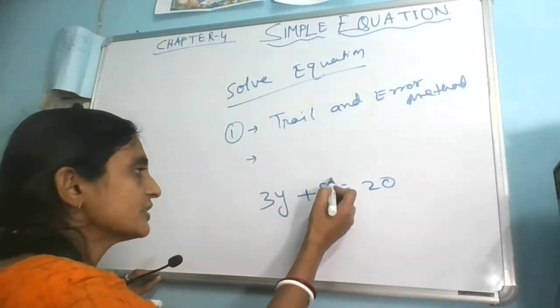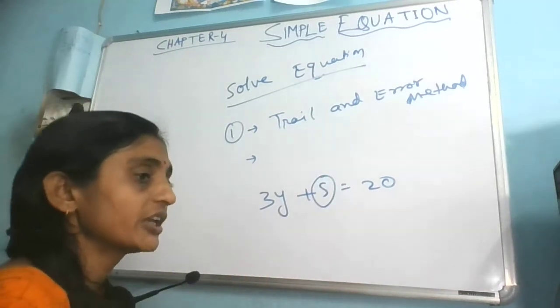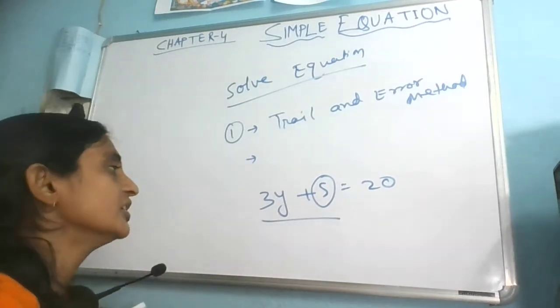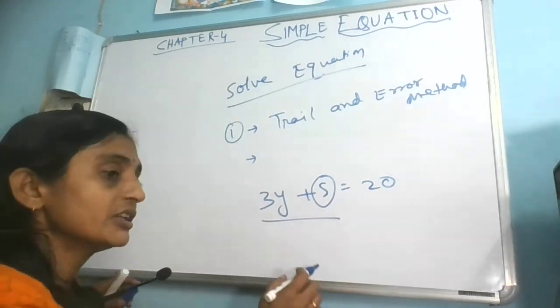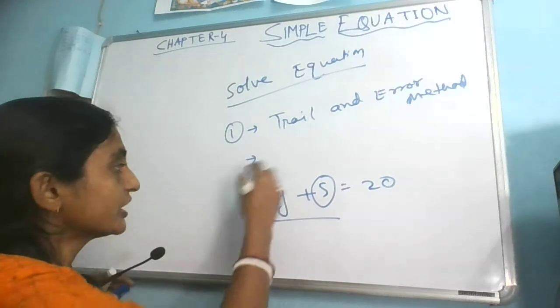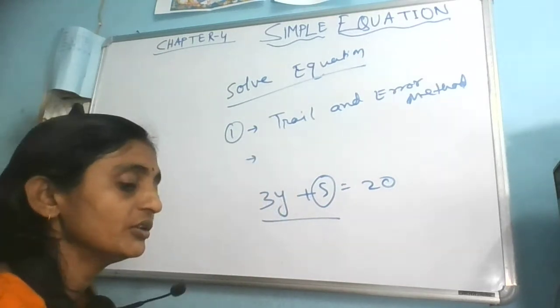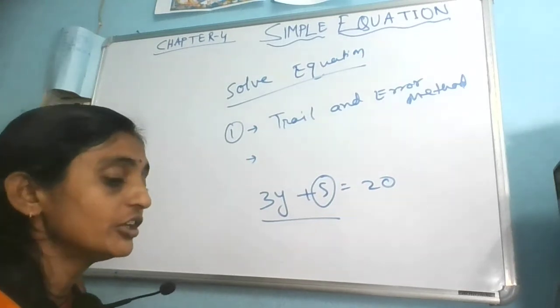If I want to eliminate this part, which ways can I apply? In this type of situation, we can eliminate that numerical part from the left hand side by subtracting, adding, multiplying, or dividing.